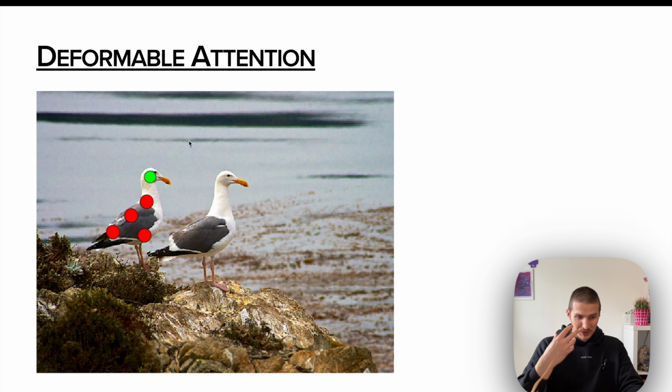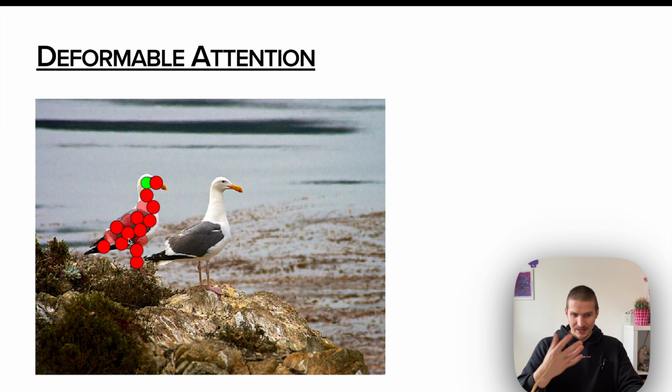So the idea of deformable attention is to do something similar here. So let's say we want to compute attention for this point around the head of the bird. Maybe on the first layer, we're just going to look at 4 points and let the network itself decide where those points should be, right?